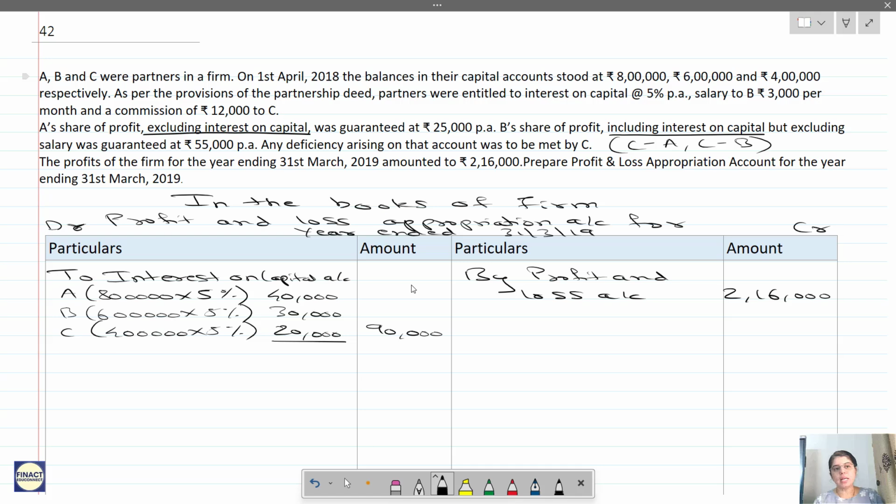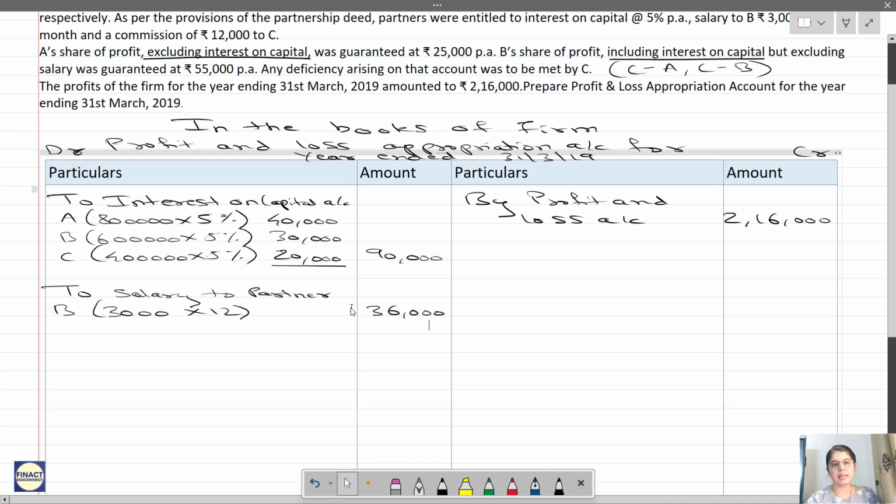Now, next is salary to B of 3,000 per month. So to salary to partner, and you can write B. How much is that? 3,000 per month, so 3,000 into 12, that is 36,000. Only one partner, so in the outer column.